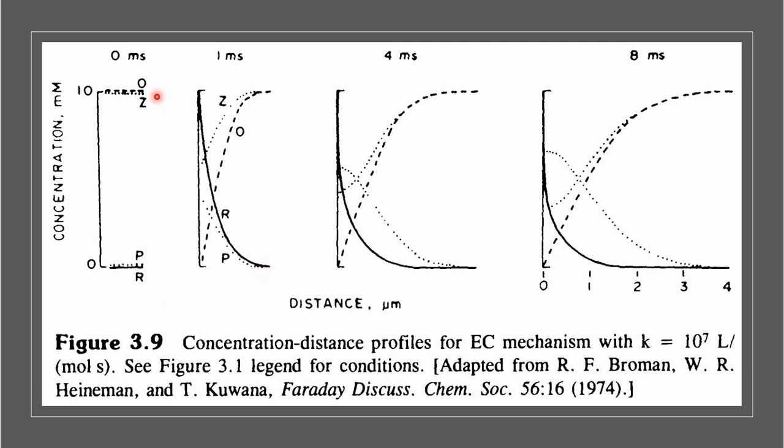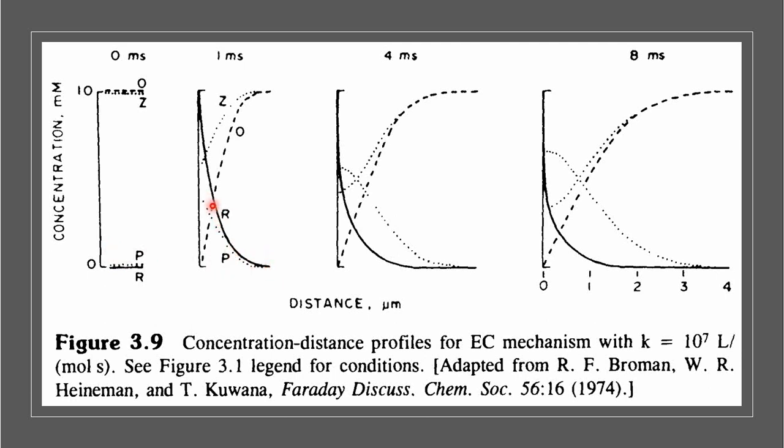What is happening is that O and Z are initially present, but first the formation of R takes place and then this R reacts with Z for the formation of the product, because initially the product is 0.